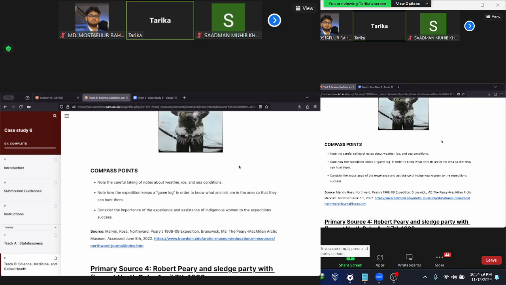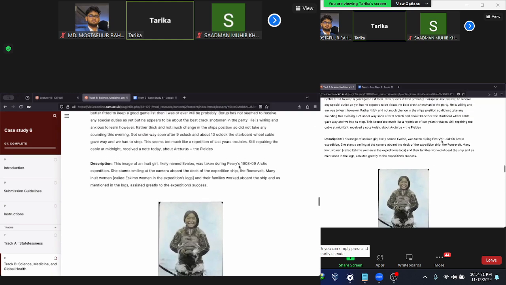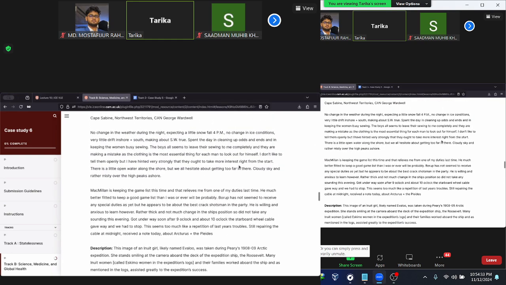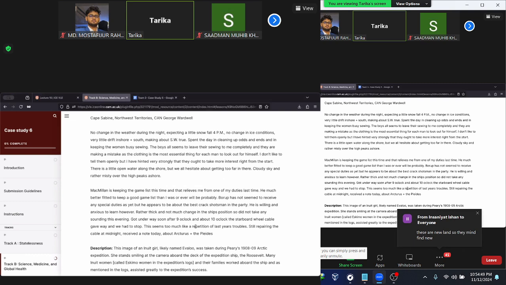And so link this back to your idea of gathering scientific knowledge as well: the fact that he's keeping a travel log is similar, in a way, to what we saw with Darwin, right? They're recording what they're coming across. And because they're exploring unknown territory, they might come across animals, flora, fauna that has never been seen before.